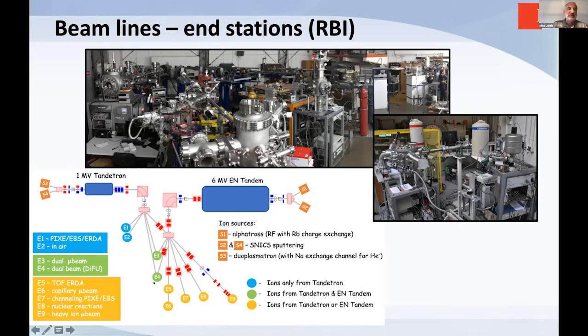So we use this normally to mimic neutrons by self ions and helium or protons, which are normally also used in fusion. Then all other beam lines are dedicated basically to ion beam analysis. We have also a microbeam, but a little bit later about that. So these, in the picture, are different end stations for different purposes.